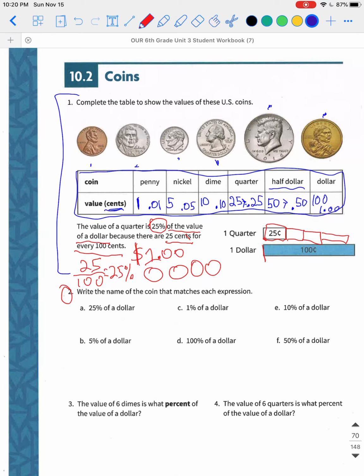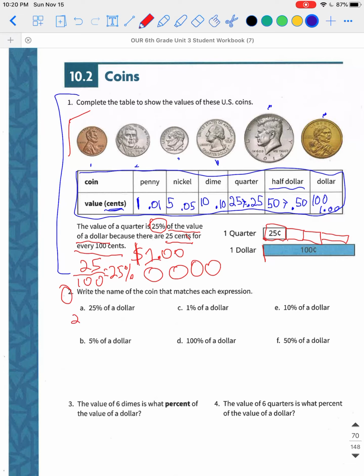Let's look at number 2. Write the name of the coin that matches each expression. So when we read each expression, we're going to write which of these coins up here at the top matches it. A, 25% of a dollar.